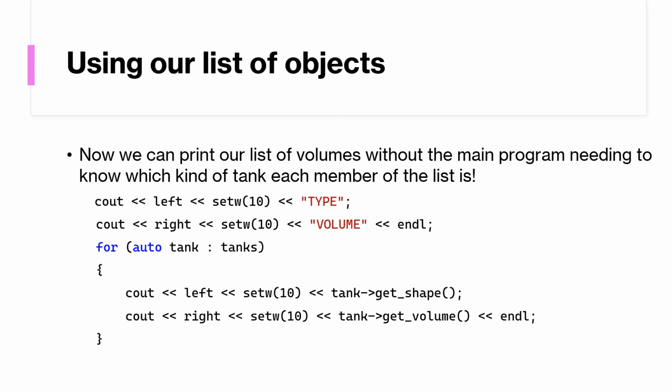Each tank, because it's an object, knows what kind of tank it is, and the magic of polymorphism is that we can just call tank pointer get shape, tank pointer get volume, and it will just work.